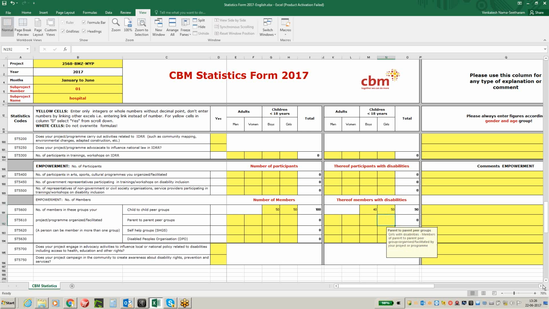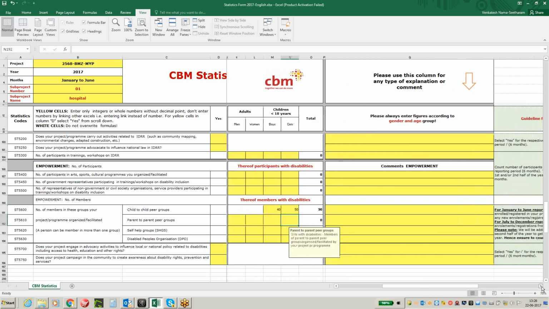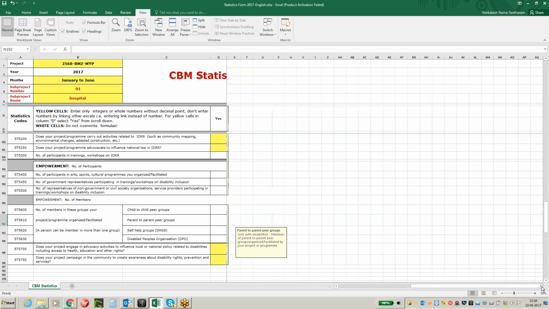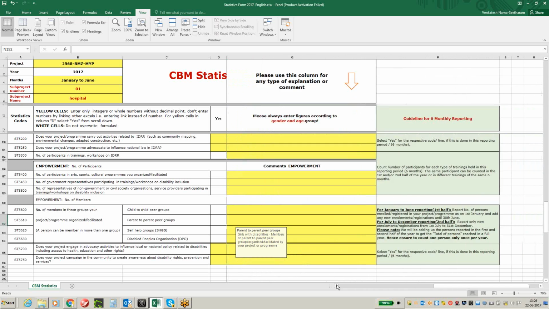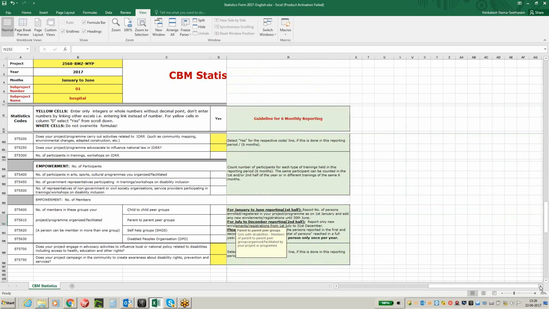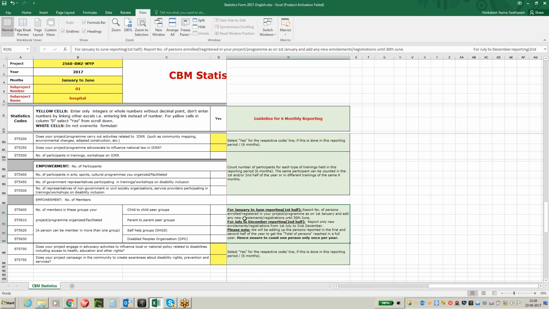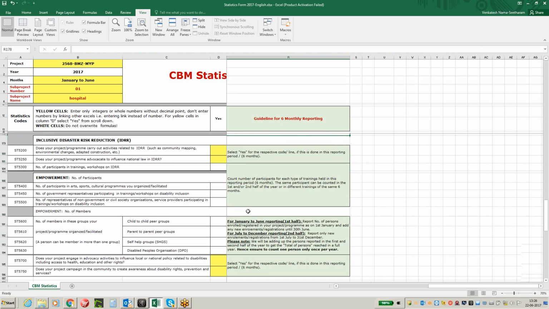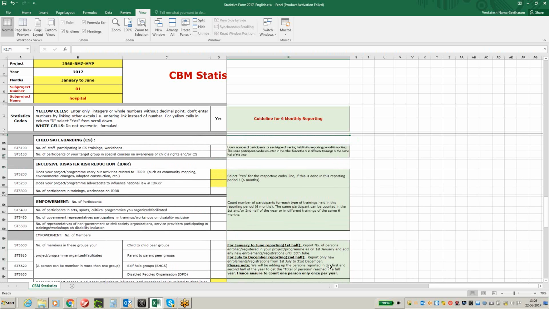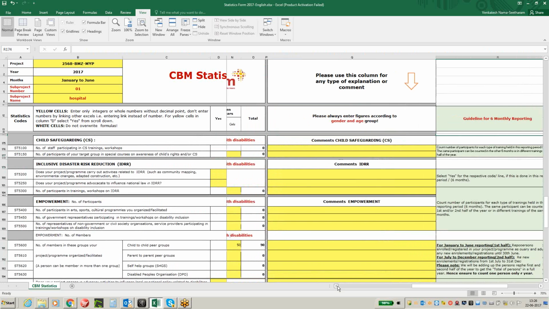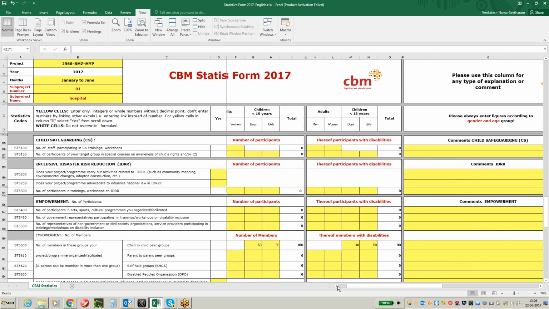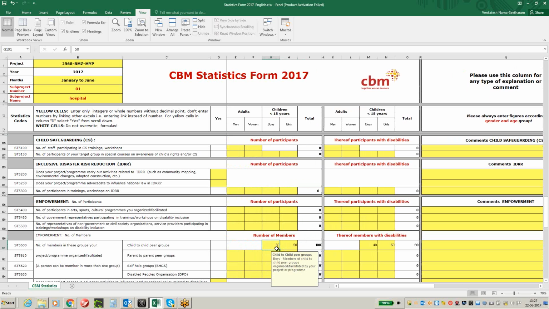As explained, for every section there is a guideline in the last column, so you can refer to that section for what needs to be filled in and how. And on each cell, when you hover over it, a background message pops up saying what needs to be filled in that cell.